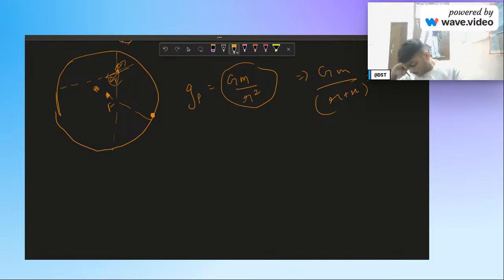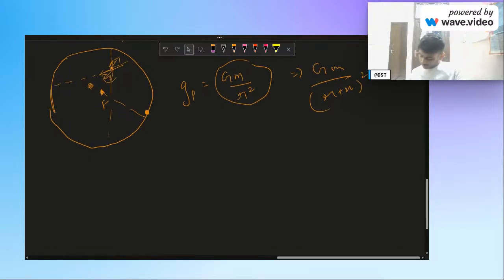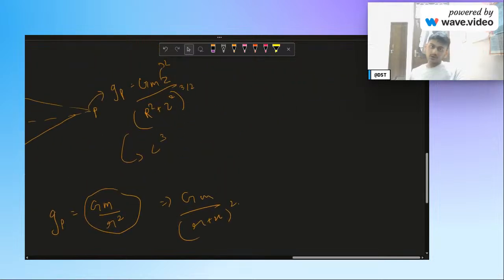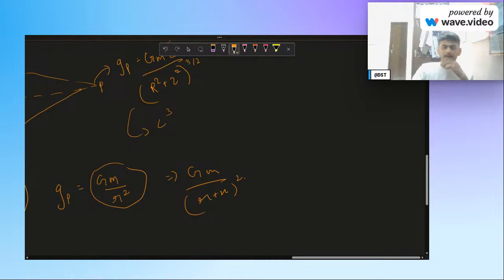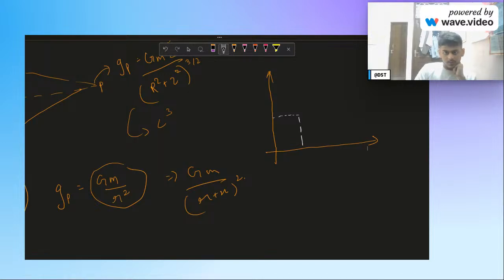So if we plot the graph for it, it will be 0 till this point, till we are inside the sphere, and then from this point onwards, it will decline. I guess this will be the graph, a 1 upon x square graph, yes.